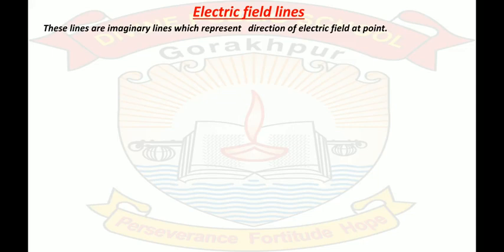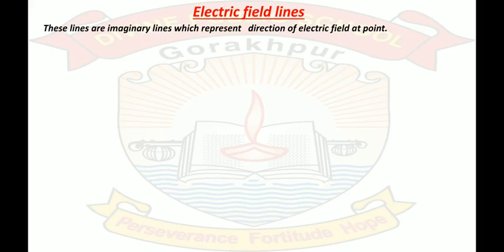We cannot tell what is the value of electric field at a particular point, but if electric fields are drawn at 2 points, by comparing them we can tell at which point the electric field is higher and at which point it is lower. So because of electric field lines we can tell comparative strength, but exact value of electric field we cannot calculate. So basically electric field lines are imaginary lines which represent direction of electric field at that point.